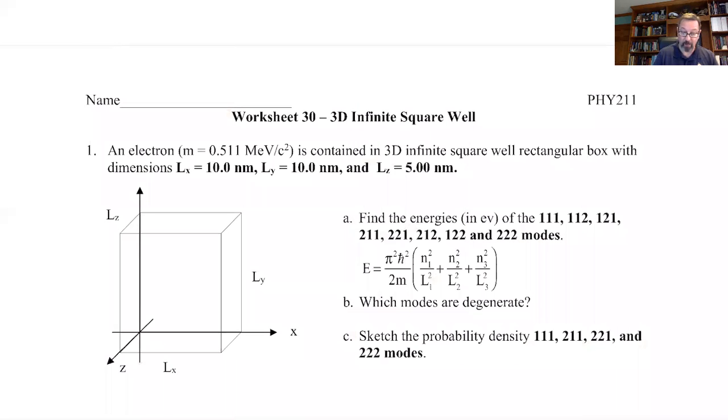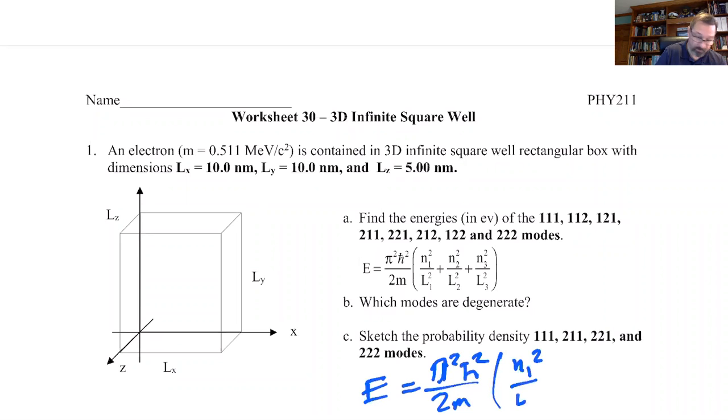Okay, so we've got a box, and remember we said we have an energy equation that looks like E is equal to pi squared h bar squared over 2m times n1 squared over length 1 squared.